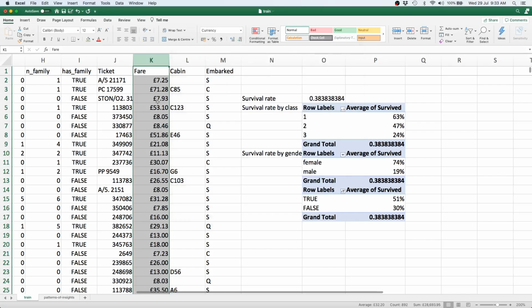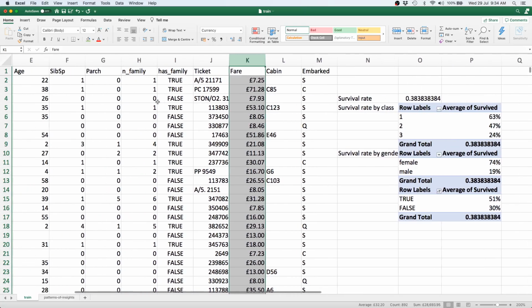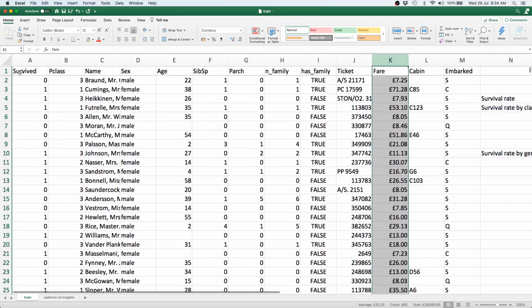And there it is. The idea is that we now want to figure out, does paying a higher fare mean that you are more likely to survive? Let's think a bit about how we would do that. Here again, it's a case of bivariate analysis where we have one categorical variable which is simply true or false, and we have one numerical variable which is the fare.